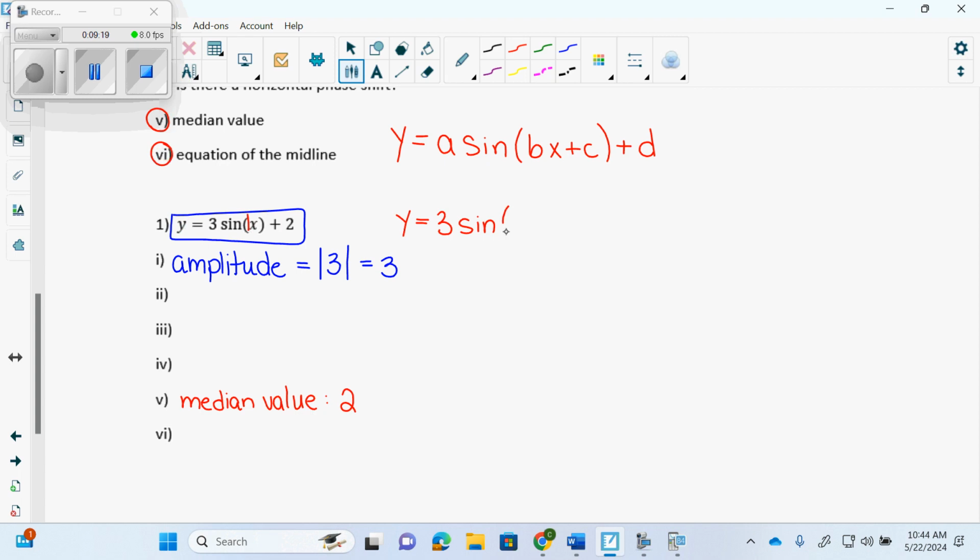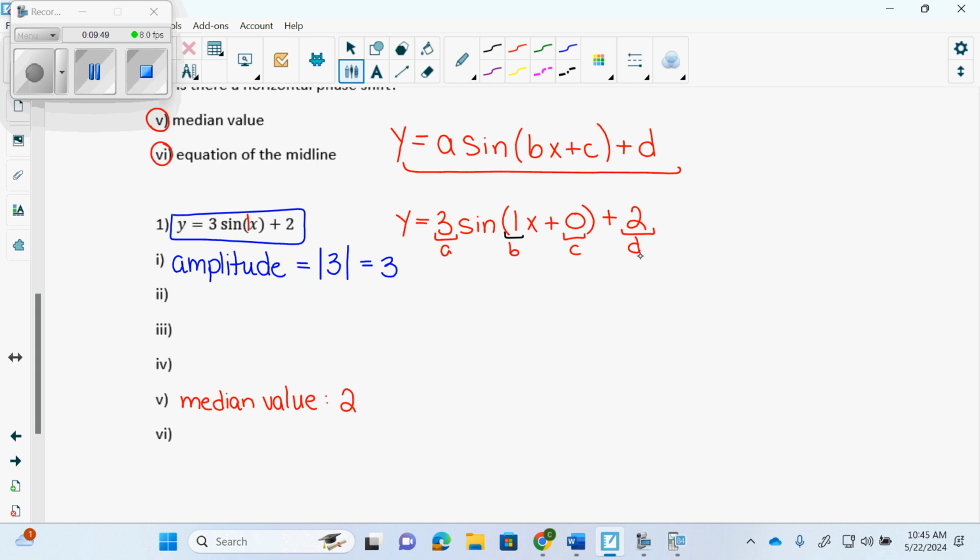So if I wanted to, I could write it into this form. I could go 1x plus, if there's no c, what is it? 0, and then plus 2. So I can always write them in that format so that I have an a, a b, a c, and a d. If I still wanted to. Correct? See what I'm saying?